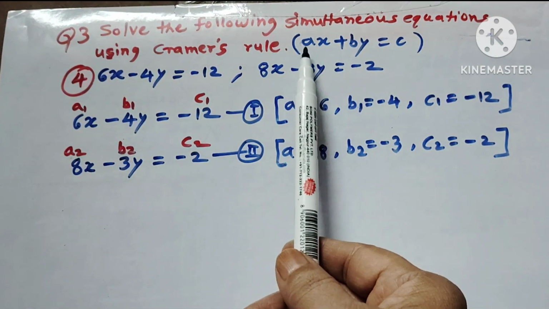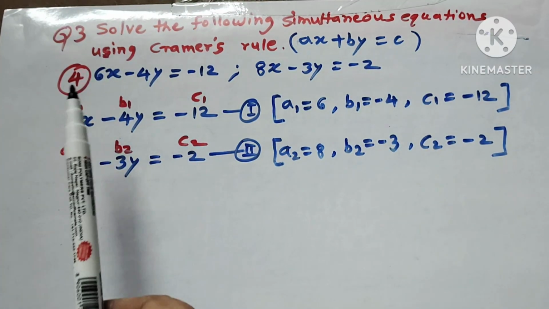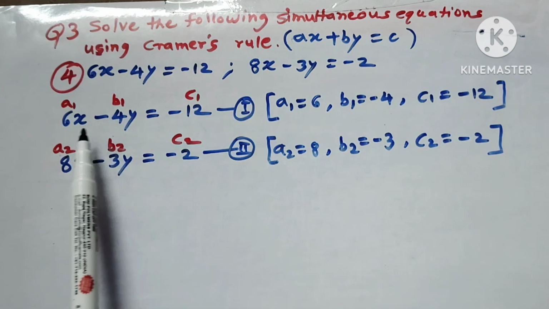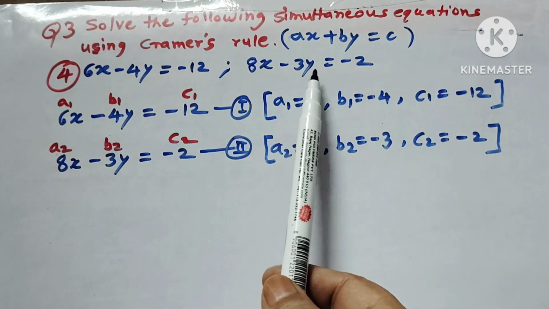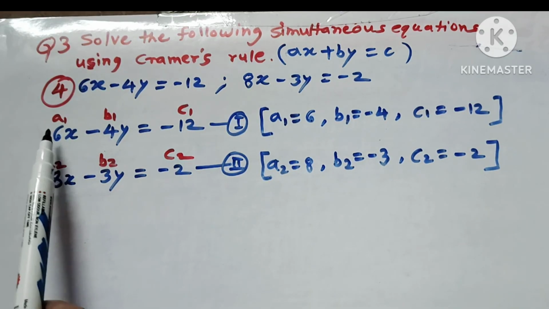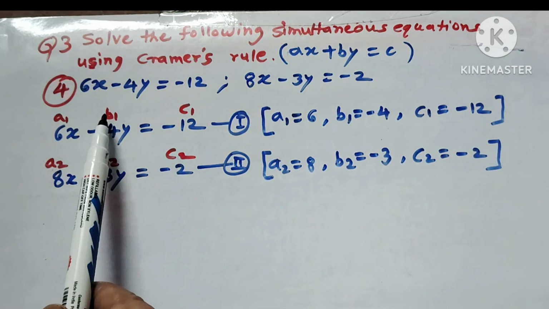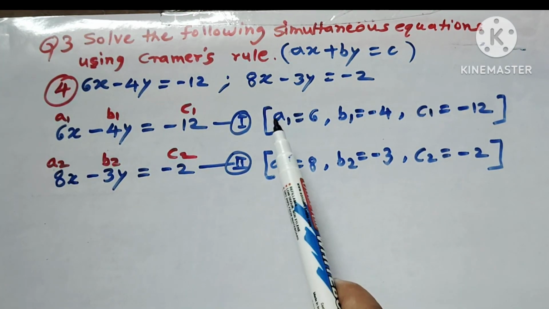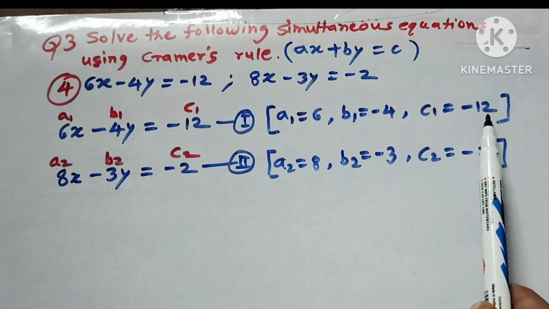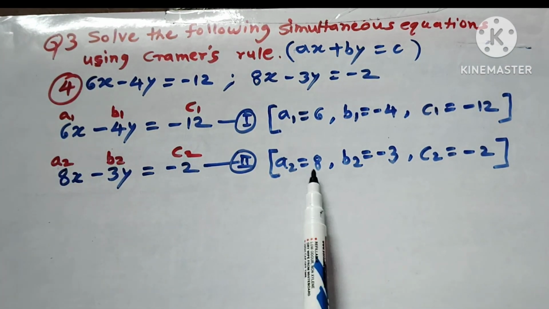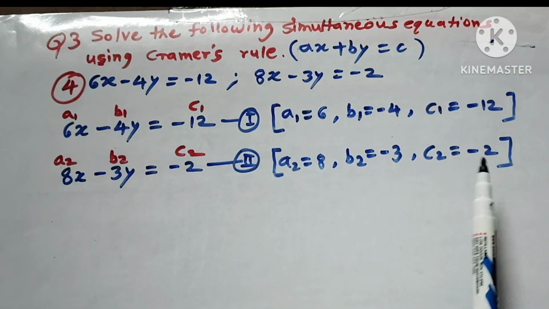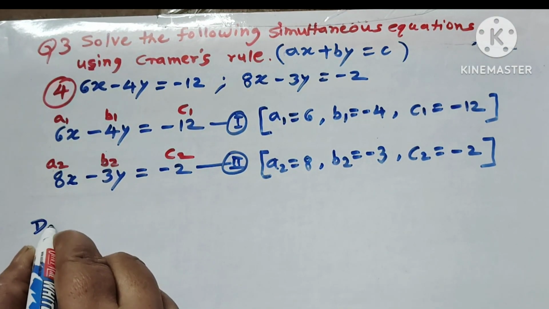Write the equations in the form ax + by = c. The first equation is 6x - 4y = -12. The second equation is 8x - 3y = -2. So a1 is equal to 6, b1 is equal to -4, c1 is equal to -12. For the next equation, a2 is equal to 8, b2 is equal to -3, c2 is equal to -2.